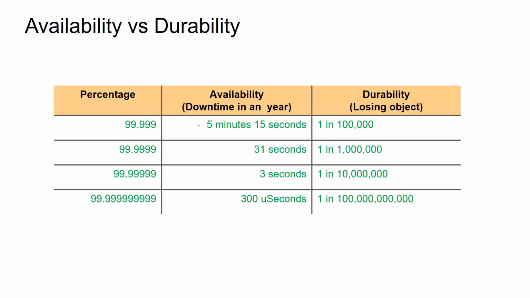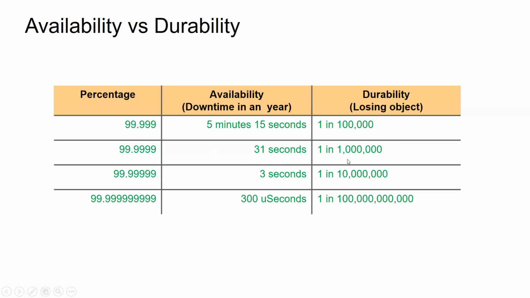Availability and durability. Now let's first understand what that means, right? So here is a chart. When we say availability and durability, these numbers provide the percentage. When you say something is available 99.999%, it means downtime is only 5 minutes, 15 seconds a year. And as you go, you can read about more, right?